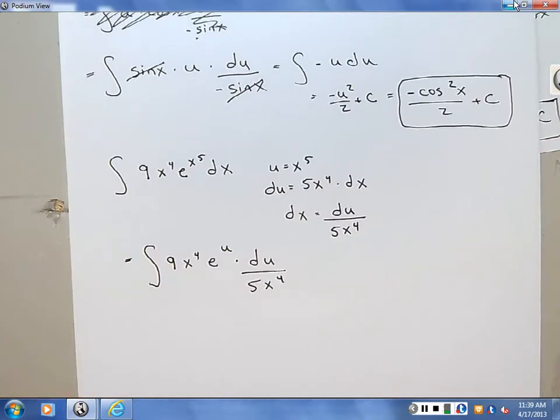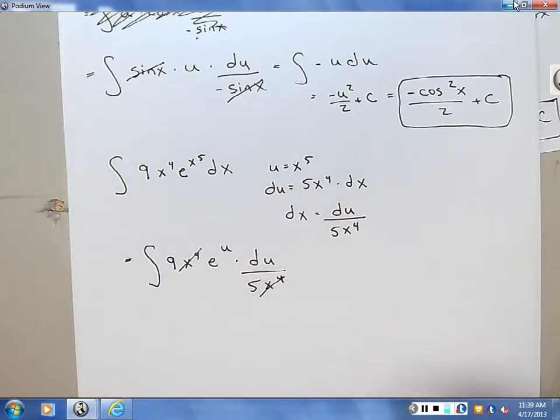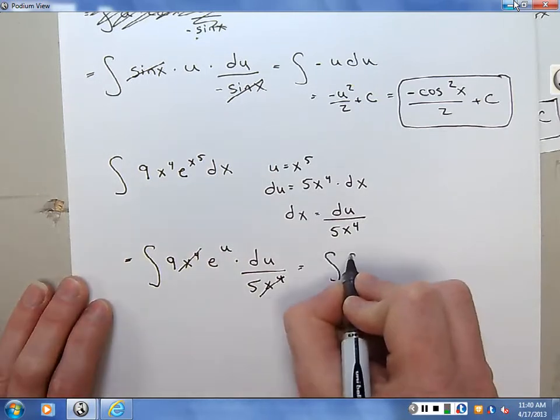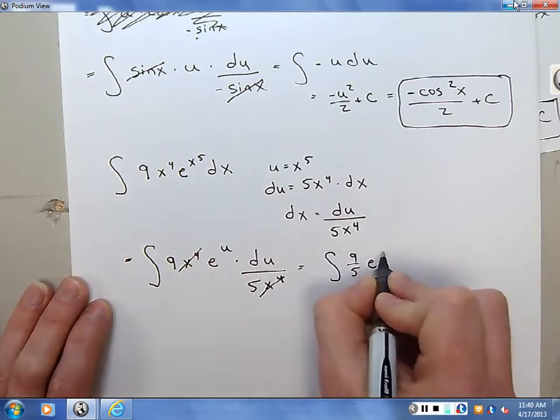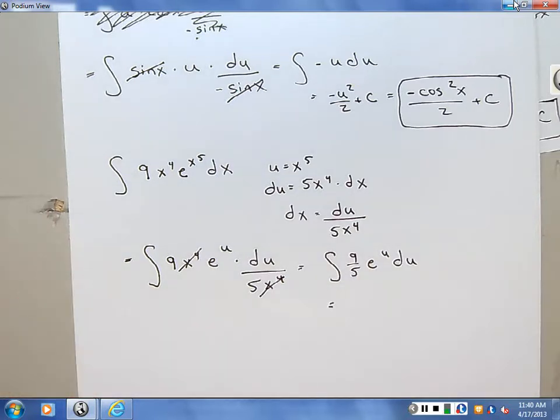Does everyone follow me there? So now my x to the fourth will cancel, which is exactly what I wanted to happen. So now I'm left with the integral of 9 over 5 e to the u du. What's the integral of 9 over 5 e to the u with respect to u?